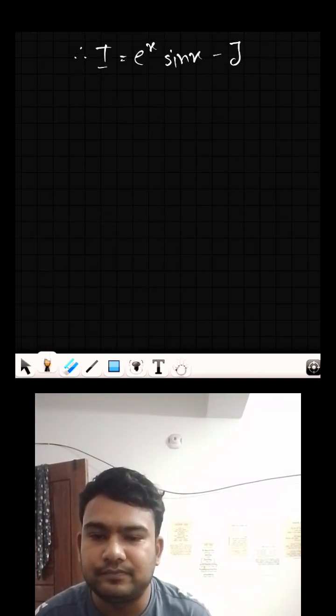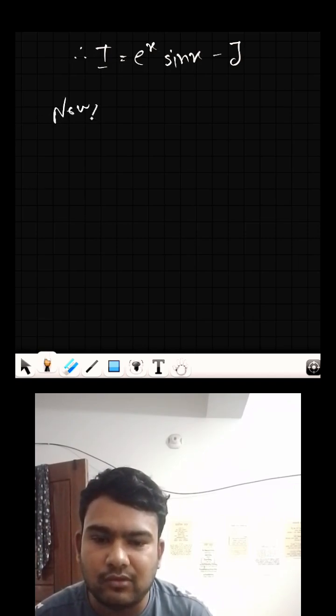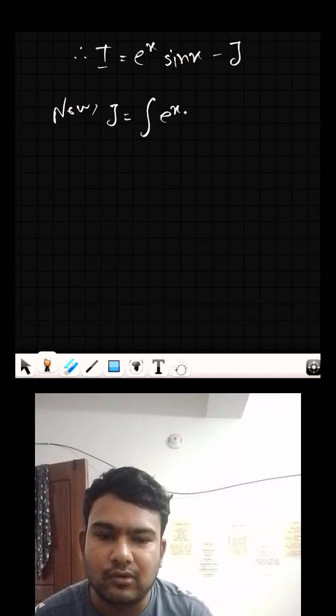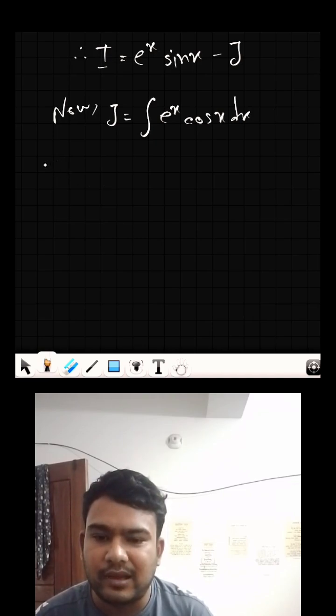Okay, now J equals integral e to the x cos x and dx. So again we integrate by parts by the integration of uv formula.